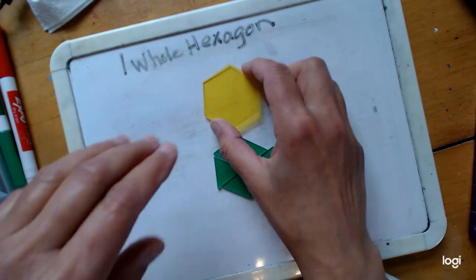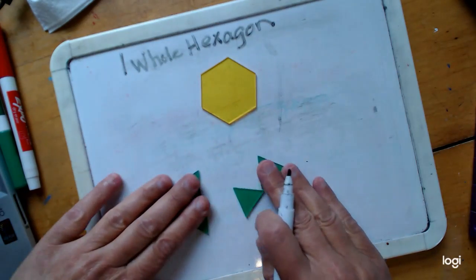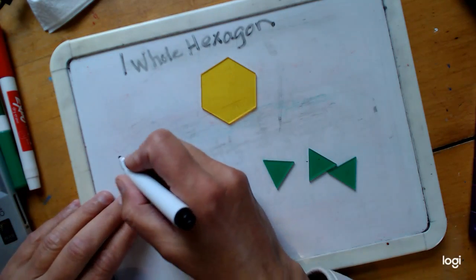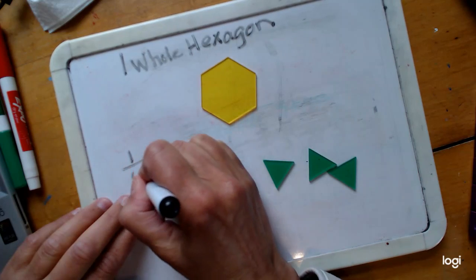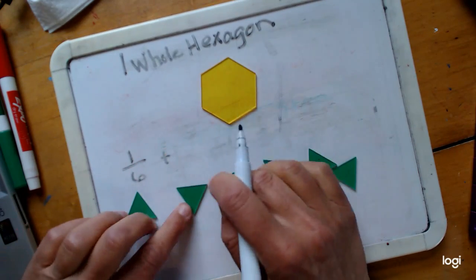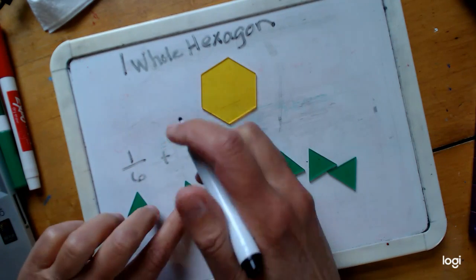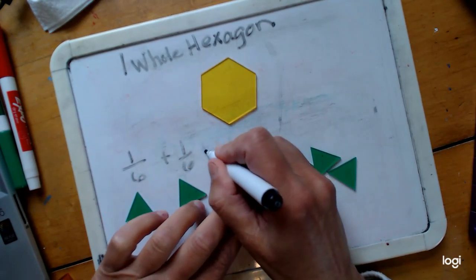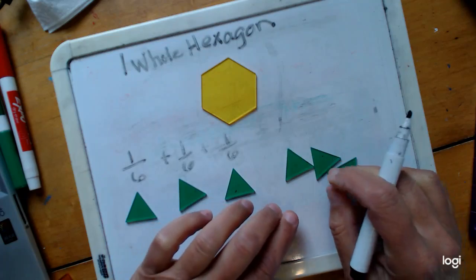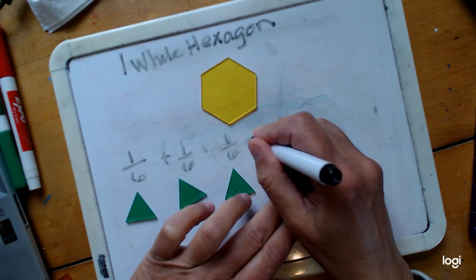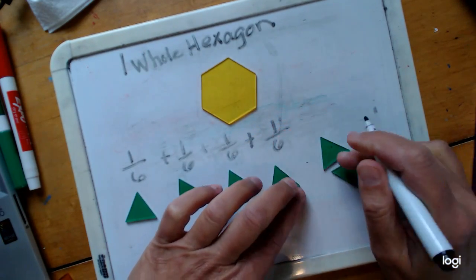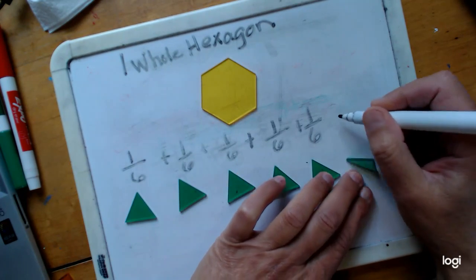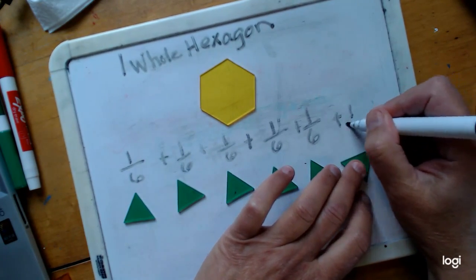Okay, so again, let's do it again. Really quickly, because you know how to do this by now. 1/6 plus 1/6 plus 1/6. My pen is running out. Plus 1/6 plus 1/6 plus 1/6.